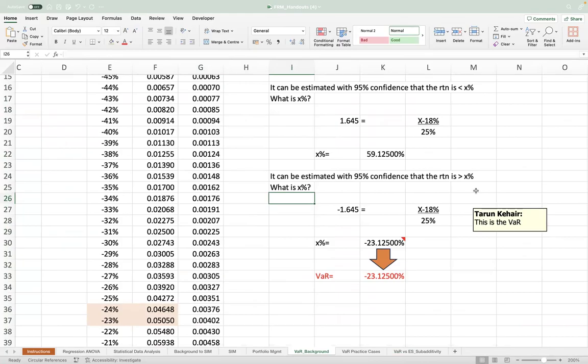It can be restated that with 95% confidence that the return is greater than X%, which means that 95% of the observations are to the right. So what is that value? What is that value of X?